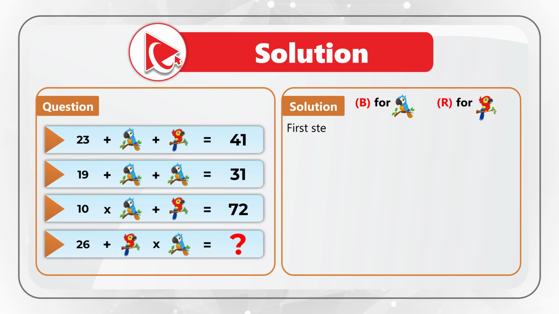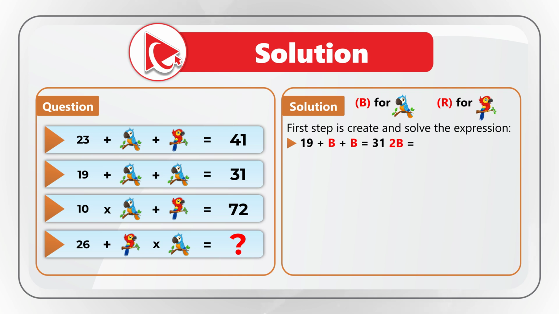So the first step here is to create and solve an expression. And the easiest one to solve is the second expression with 1 blue parrot. 19 plus B equals 31, which means that B equals 31 minus 19, which equals 12.